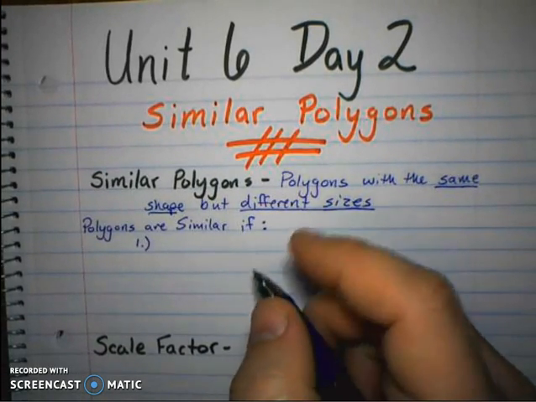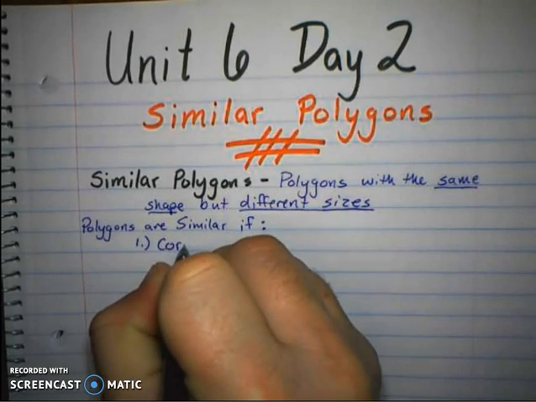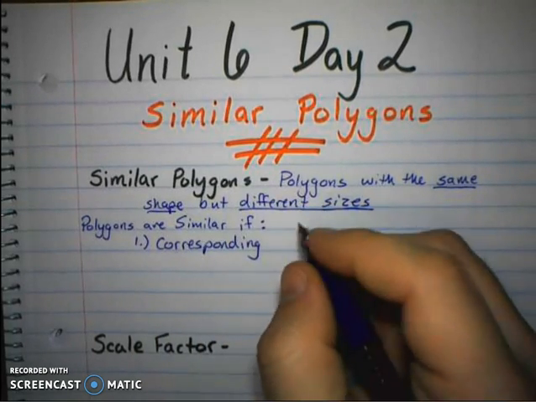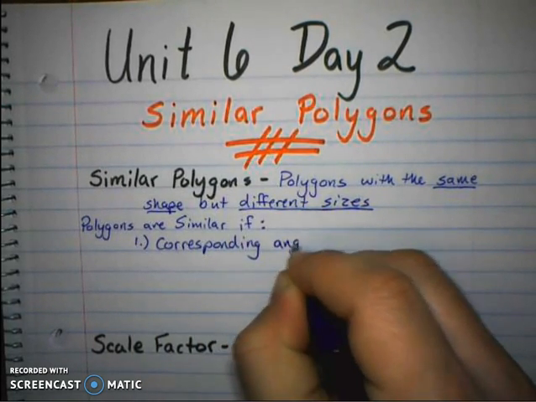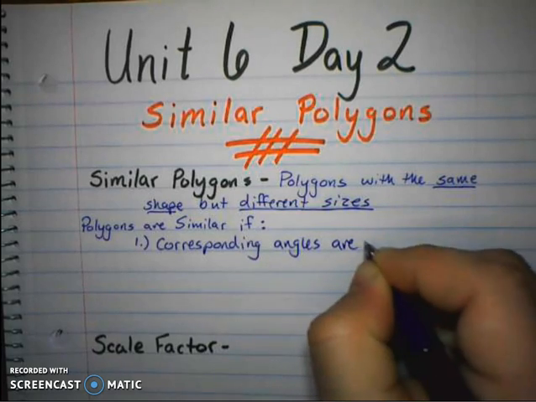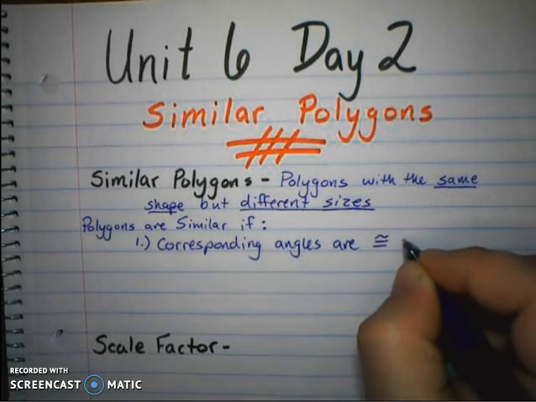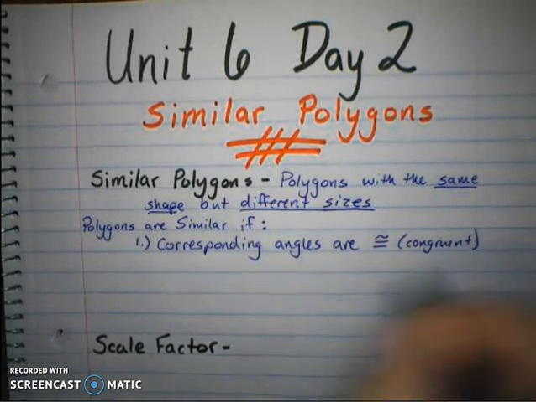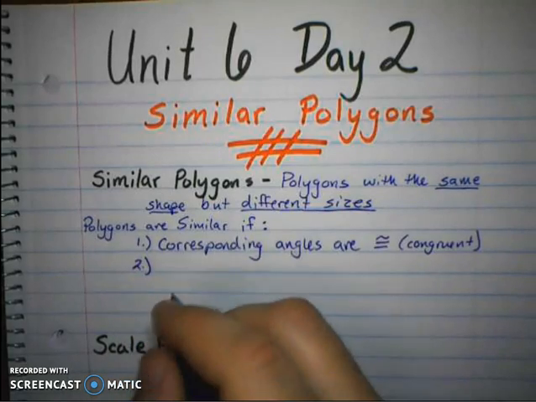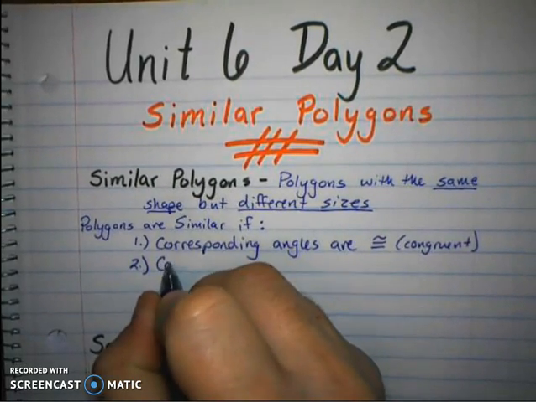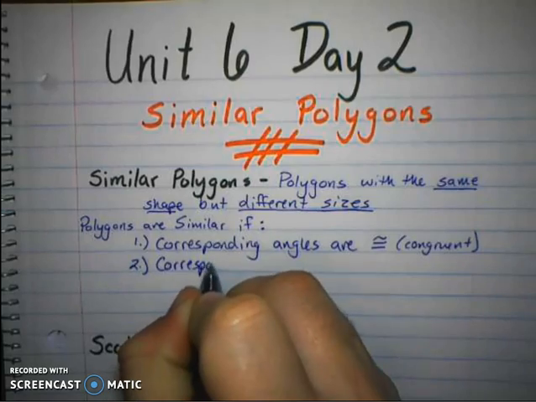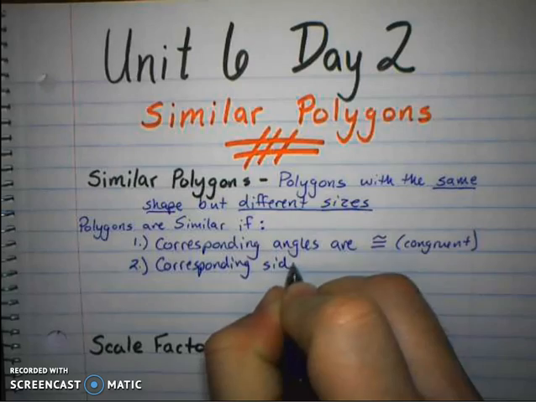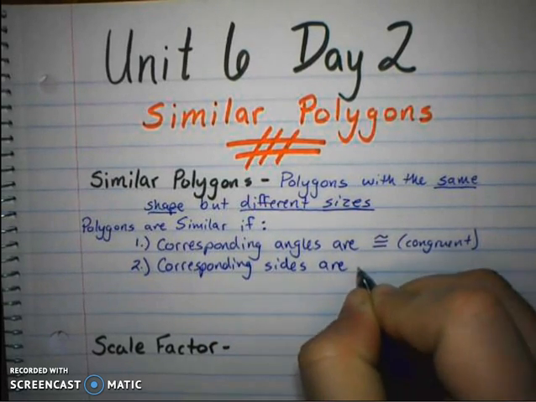First, polygons are similar if corresponding angles are congruent, and second, if corresponding sides are proportional.